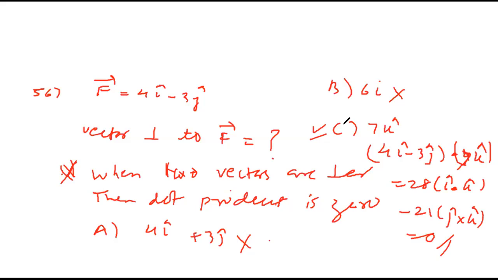See, from this chapter only one sum will come in the exam. But still we are doing so many sums because this will be included in many more chapters. Sum 57. After completing 56, give your precious time to 57 and tell the answer with your wisdom.